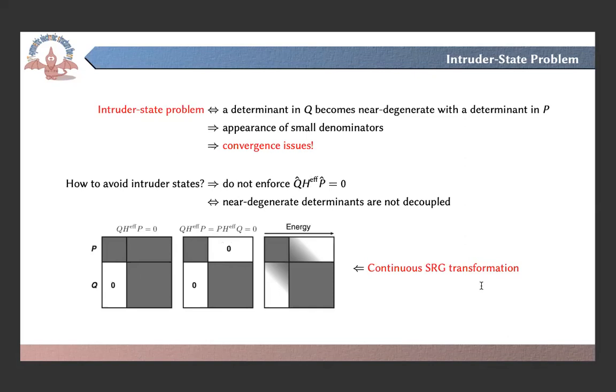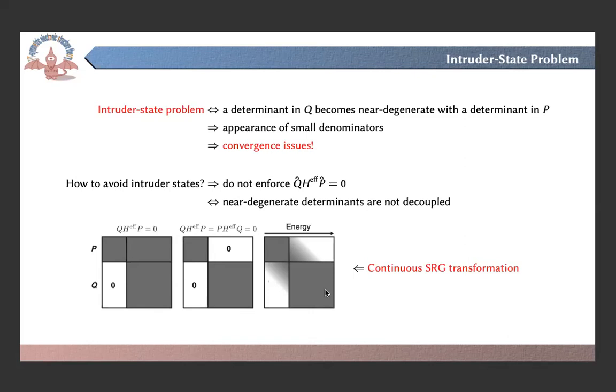That's exactly the purpose of the SRG transformation, which is going to transform your original matrix to something which is basically band diagonal. So there are not big zeros there, there are going to be small numbers, but it is going to choose the determinants to decouple from the model space, and it's going to choose them by looking at the determinants.